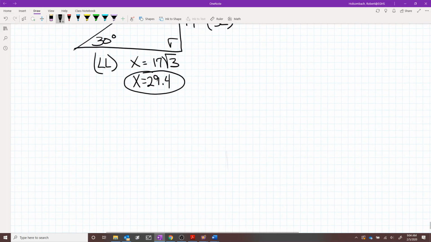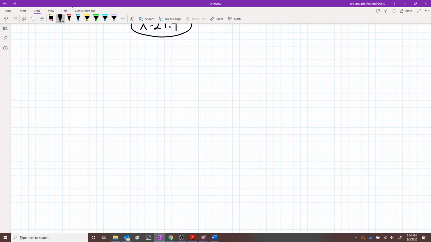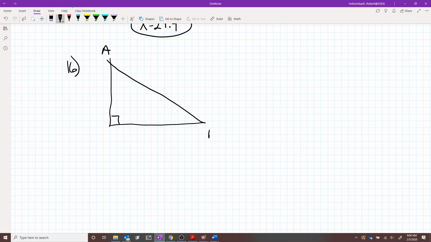All right, number 16, last one. Triangle ABC. Side lengths of 3, 4, 5.